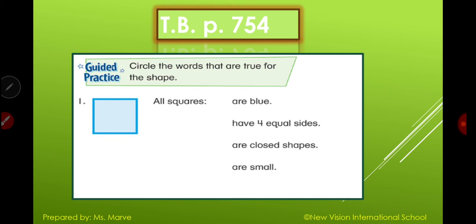Next, let's move to page 754. Here you are going to circle the words that are true for the shape. Okay, now, number 1, the name of the shape is a square. Now, all squares are blank. Are blue, have 4 equal sides, are closed shapes, or are small?